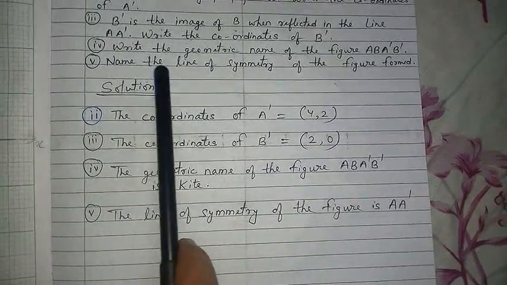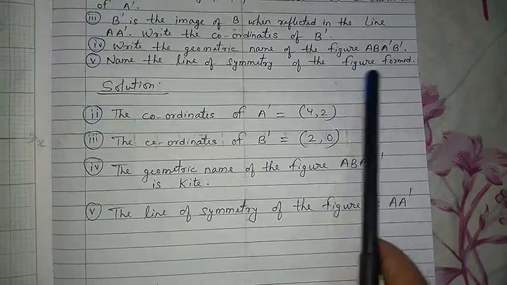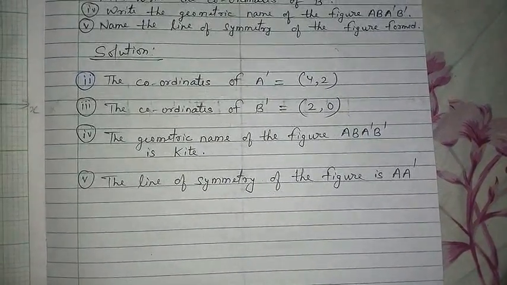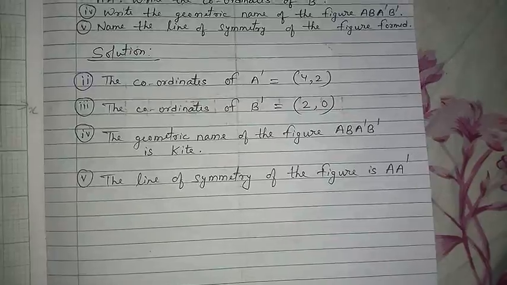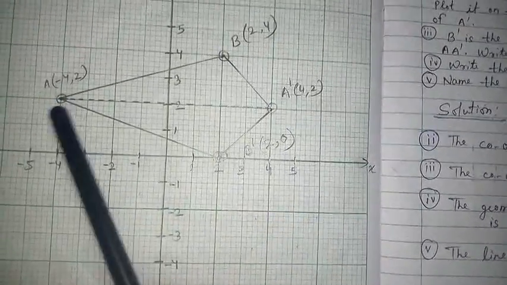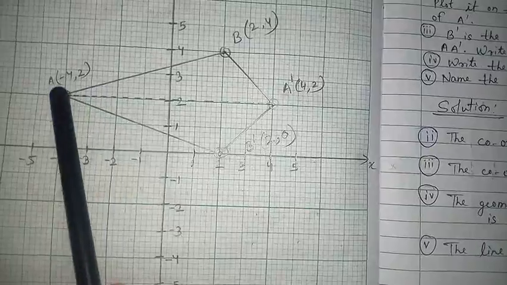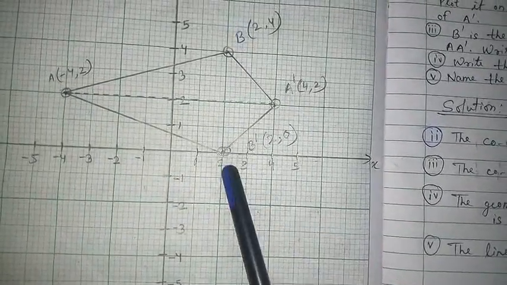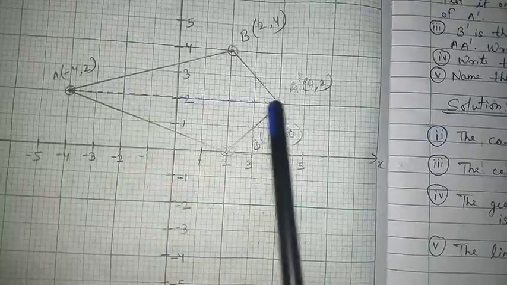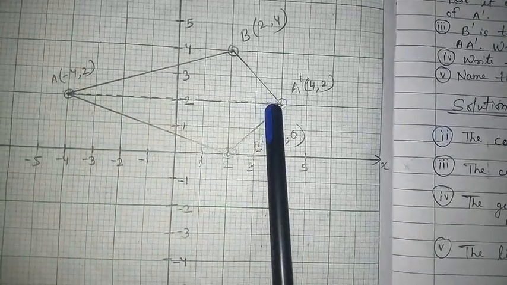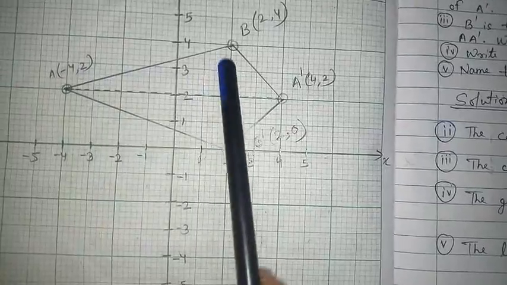And number 5, name the line of symmetry for the figure formed. Line of symmetry means such a line by drawing which the figure becomes 2 equal halves. You can see this is the figure kite, and this particular line A dash I had already drawn for the reflection of B. So I can say this is the line of symmetry, because symmetry means such a line by drawing which the figure becomes 2 equal halves.